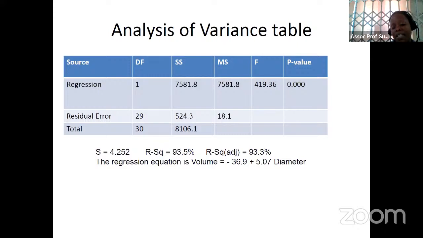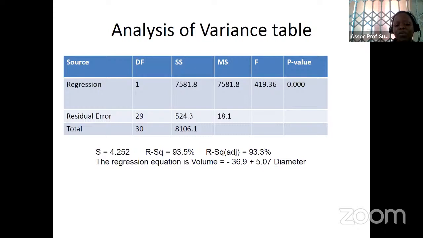So in this model of volume and diameter, we only have the intercept and slope. If we subtract 1, we get 1. And if we use the other formula, that degrees of freedom for regression is equal to the number of independent variables in the model, the regression degrees of freedom is equal to 1 because our independent variable is 1 only.